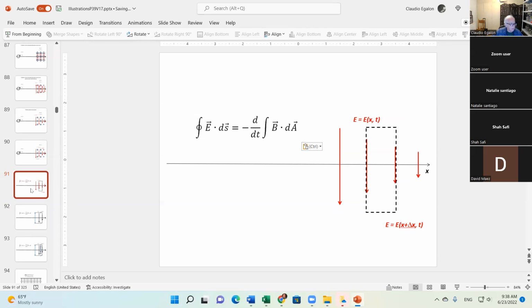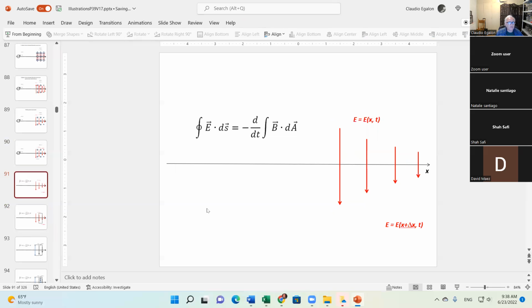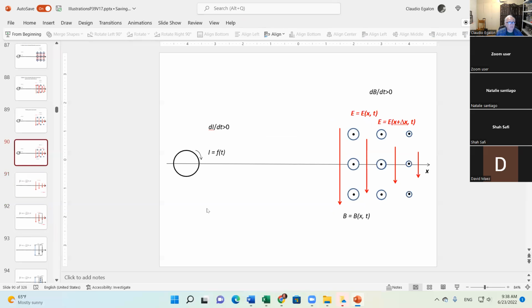You go first the equation, then the loop. Switch it here. Simplifying the drawing just to show the electric fields.